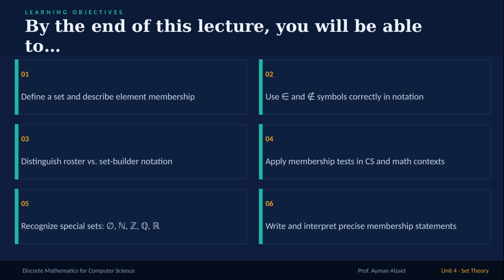Fourth, apply membership tests in both mathematical and computer science contexts. Fifth, recognize the standard special sets: the empty set, the natural numbers, the integers, the rationals, and the real numbers. And sixth, write and interpret precise membership statements using proper mathematical language.